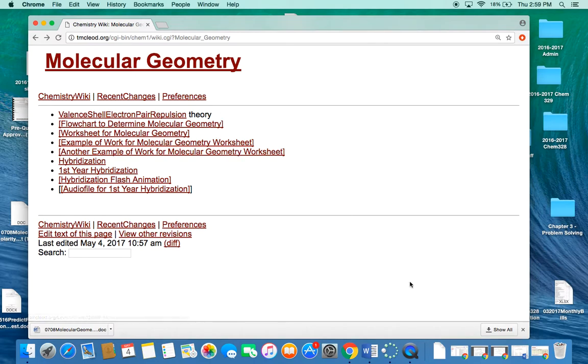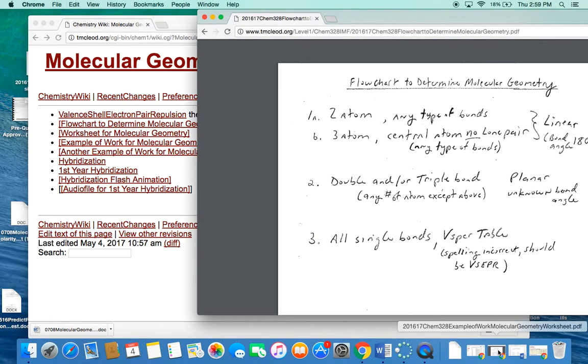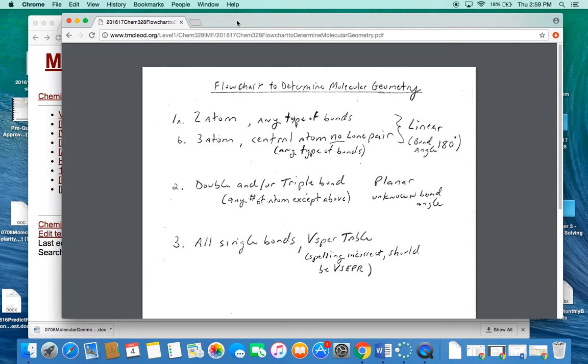So if you look at the first flow chart, molecular geometry usually comes from knowing the bonds and how many atoms there are. And this is my little flow chart, and I'm using logic for this.